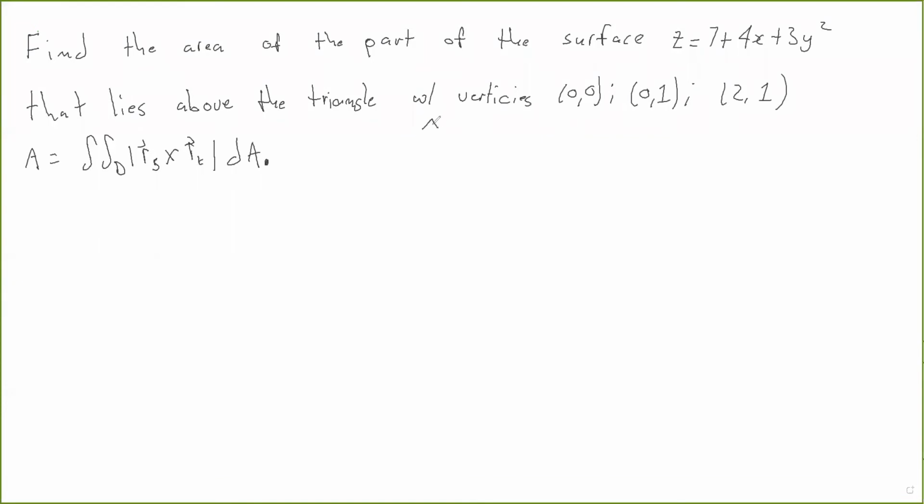So let me just draw this region. Let me graph the parameter domain. This is one of the vertices. This is one of the vertices. Okay, and so we have this surface right here. It's like you take a piece of paper and you curve it into a U. That's what this surface looks like.